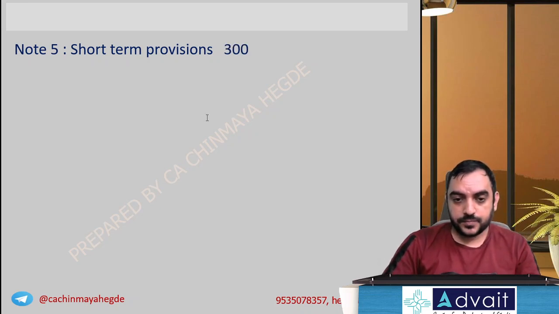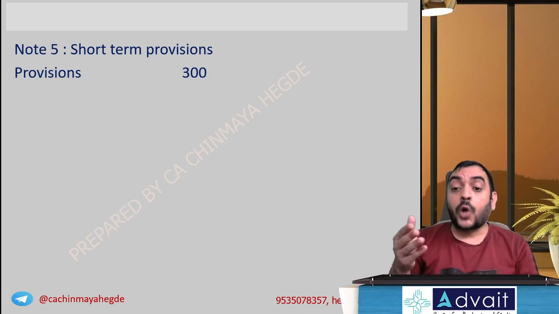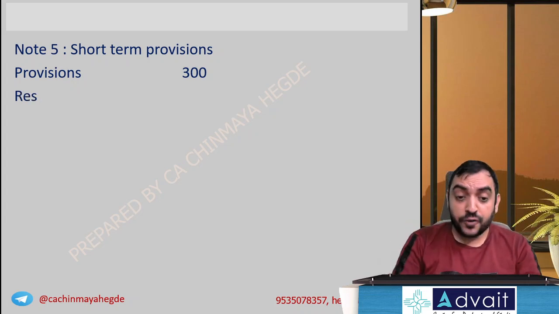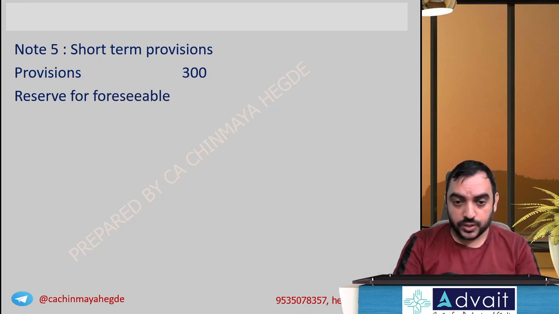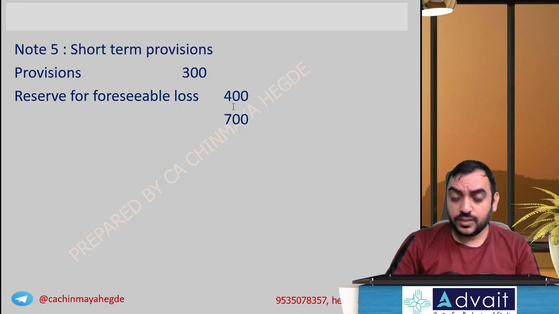Short term provisions 300 given, but that thing which is contract due in 6 months, reserve for foreseeable loss will also come here. Reserve for foreseeable loss 400, total 700.